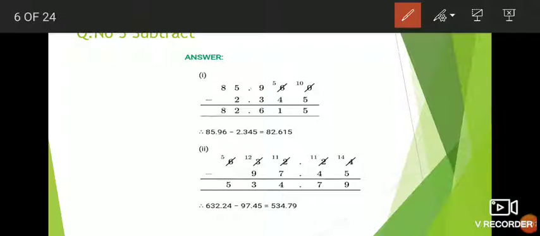Okay, so now we can't subtract 5 from the 0. So borrow 1 point from its before number, that is this 6. When we are borrowing 1 from the 6, the value is 5 now. And here 10. 10 minus 5 is how much? 5. Now 5 minus 4 is 1. 9 minus 3 is 6. Write point as it is. Okay. Now 5 minus 2 is 3 students.